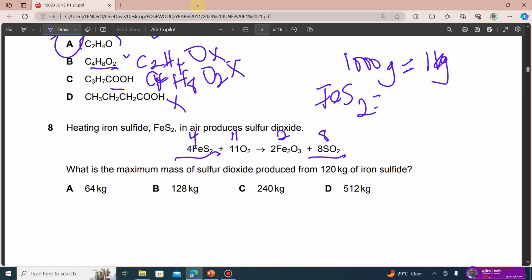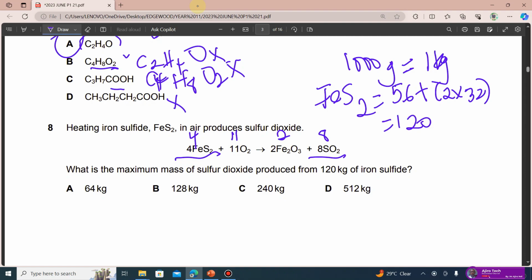If you check your periodic table for the atomic masses, iron should be 56 plus sulfur is 32, so 2 times 32. Using your calculator, 32 times 2 is 64. So 64 plus 56 is 120.